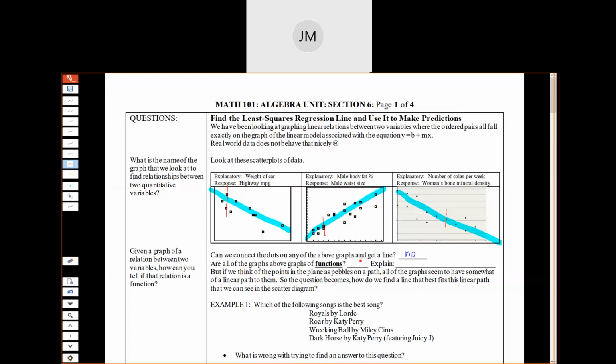And if you had two points that had the same x value and different y values, that was enough to not be a function. So we could say these don't pass the vertical line test, or there are points with the same x but different y's.